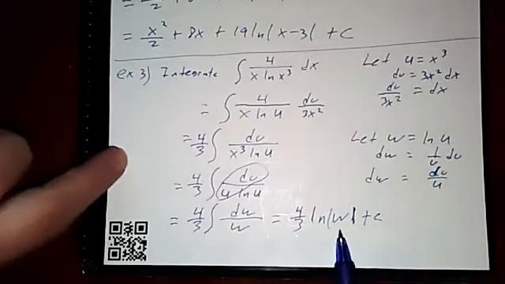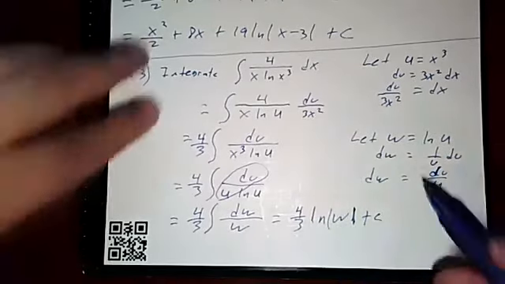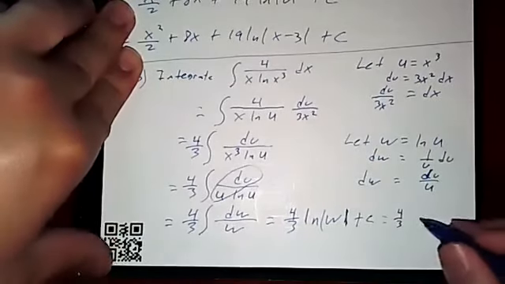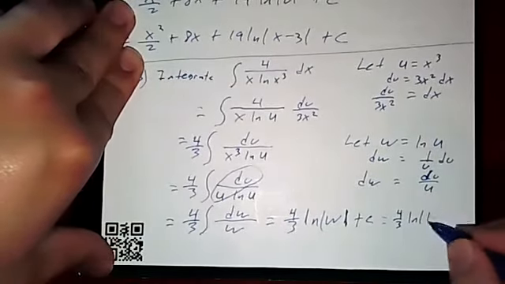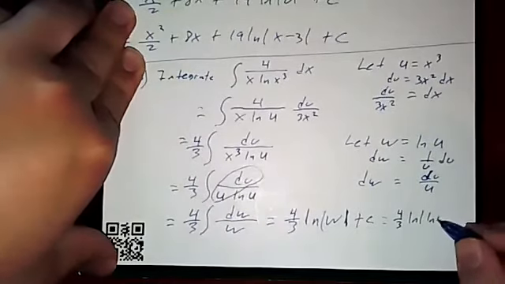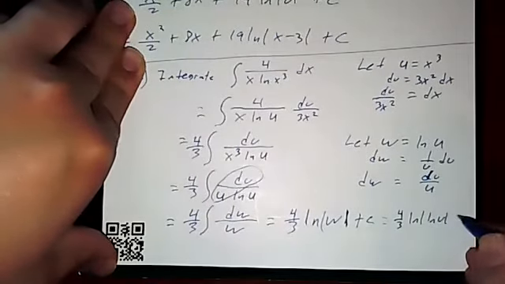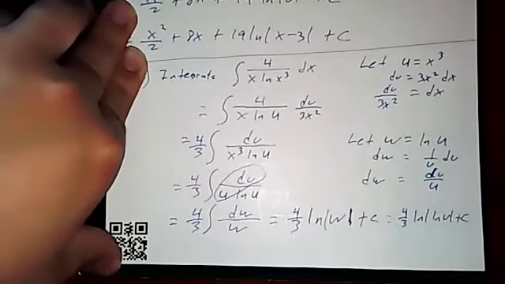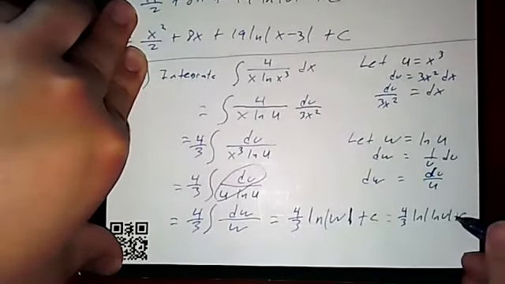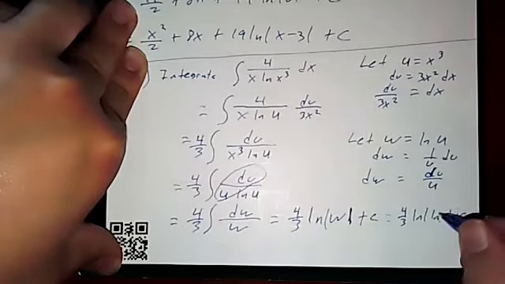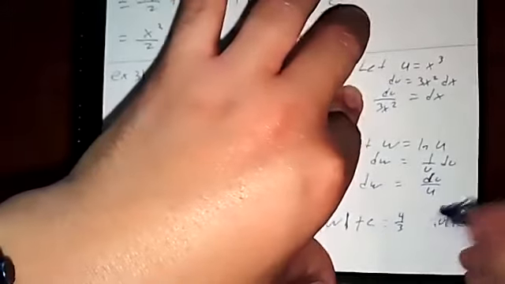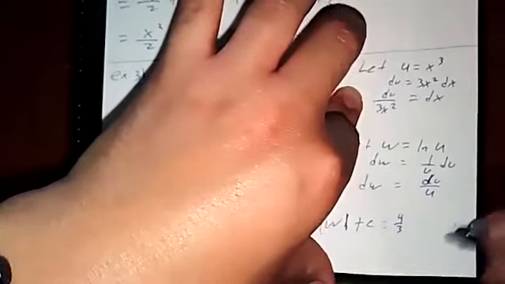But once you get here, w is technically ln u, isn't it? This is ln of u, which is super weird, but that's what it is. That looks ugly. Let me write that better. I'm not going to write the absolute value just because it looks funky.